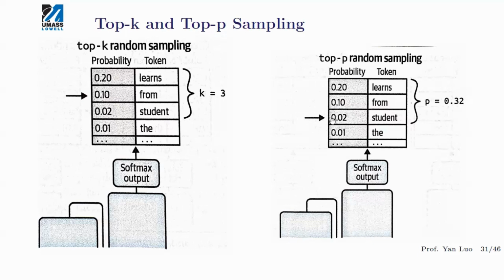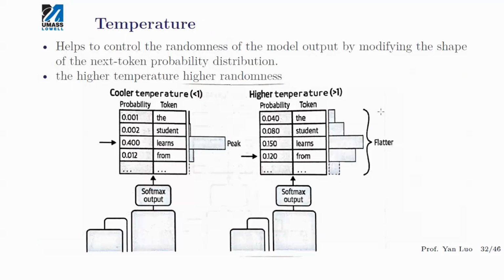For this example, because the top three tokens, their probability aggregated together is 0.32, that's the top P. So essentially, the model will pick one out of the three randomly because they fall into that top P range. And of course, depending on which parameter you use, the sampling method, for the same list of probabilities, you will likely choose a different output. So the model will give you a different output.